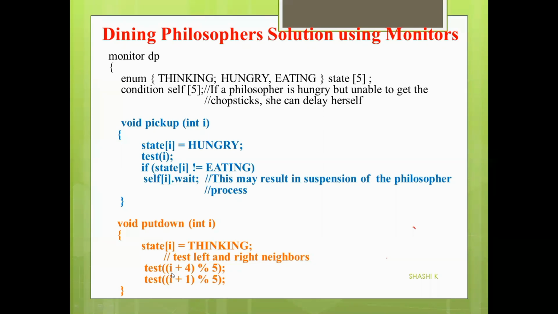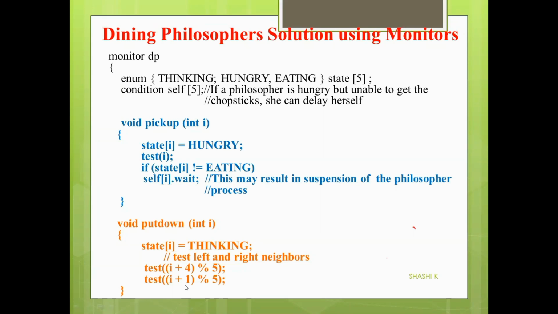Now the left philosopher will check the philosopher on his left and the philosopher on his right, and if both are not in the eating state, then the left philosopher will start eating. Test of I plus 1 mod 5 gives a chance to the right philosopher. The right philosopher will again check the left of the right philosopher and the right of the right philosopher, and if both are not in the eating state, then that philosopher will start eating.